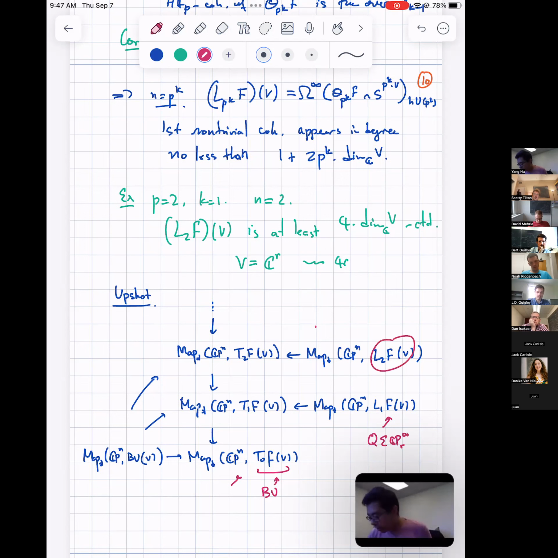And those higher layers are more mysterious, but we know that they are highly connected. So the second layer, when V is the standard C^R, is already 4R connected. And the higher layers are even more highly connected.